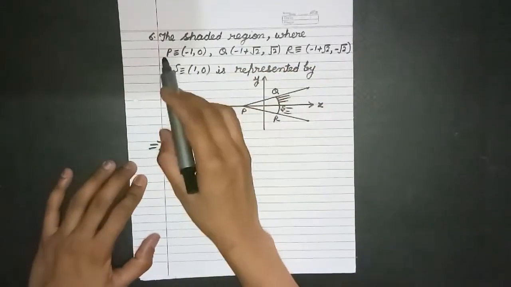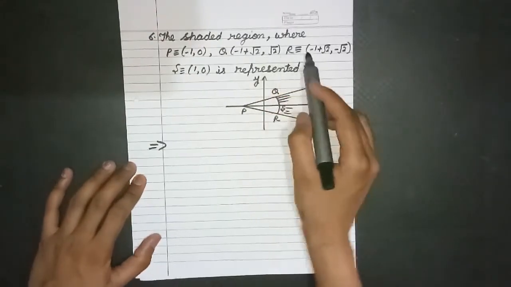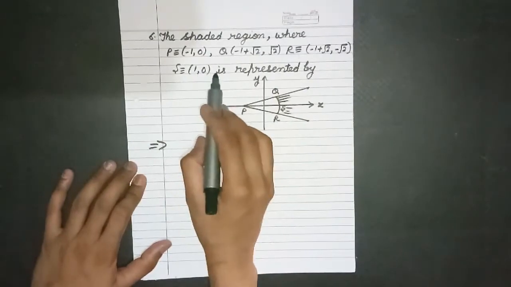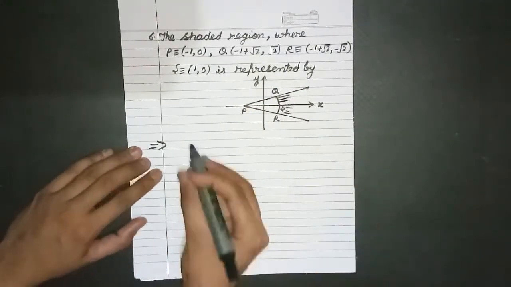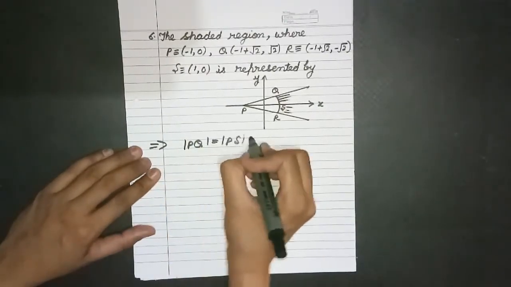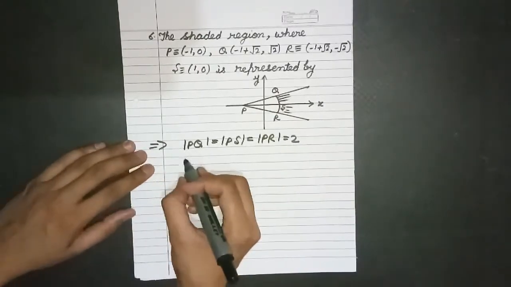Example 6. The shaded region, where P is (minus 1, 0), Q is (minus 1 plus under root 2, under root 2), R is (minus 1 plus under root 2, minus under root 2), S is (1, 0), is represented by, this is the given picture. So from here, let's start. Distance PQ is equal to PS is equal to PR, that is 2.